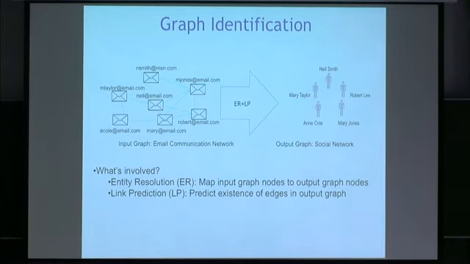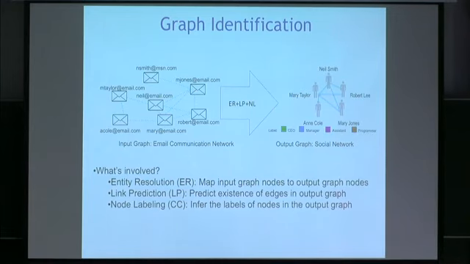Then I want to infer the actual relationships. I have communications that I've observed, but I want to infer what the relationships are between the individuals, who reports to who, who are friends, and so on.